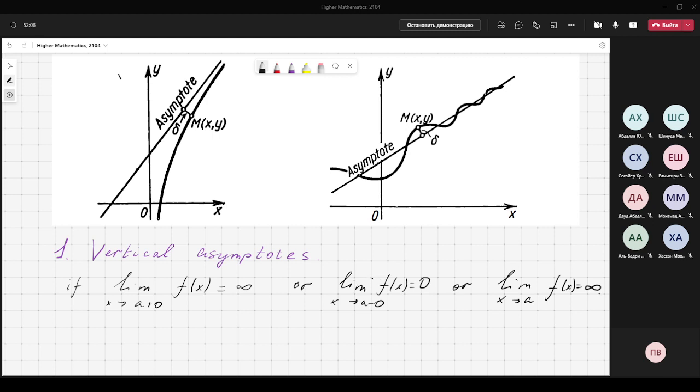And conversely, if the straight line x equals a is an asymptote, then one of the foregoing equalities is fulfilled.